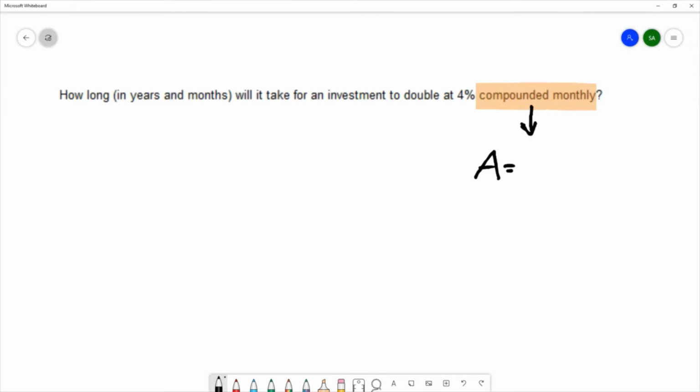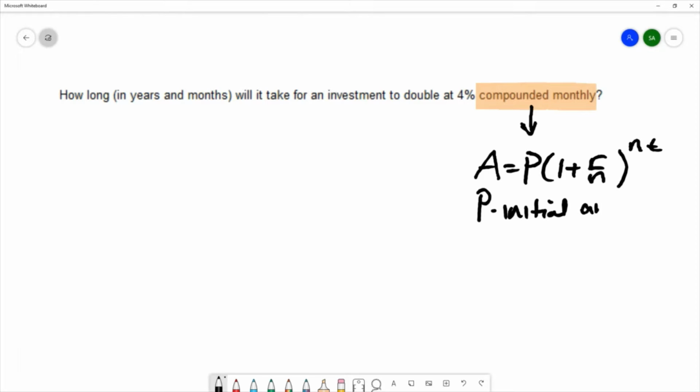A equals P times 1 plus R over N to the NT. P is our initial amount of money, or principal. R is our interest rate. T is time.